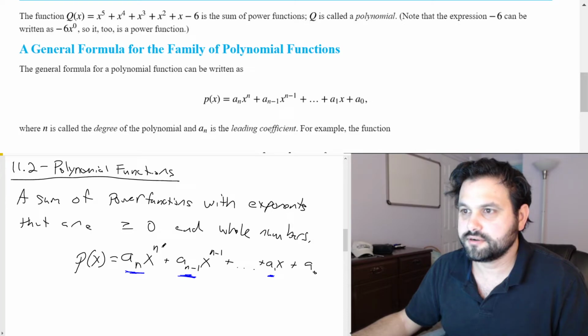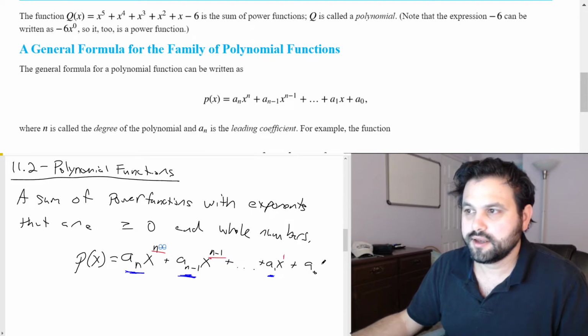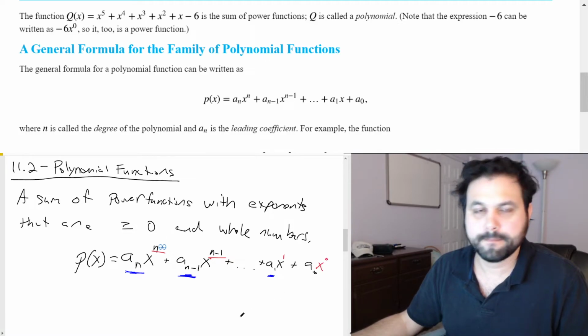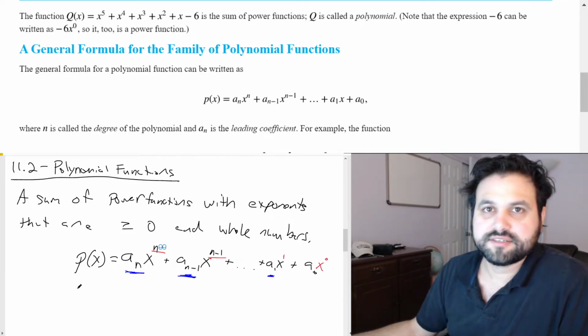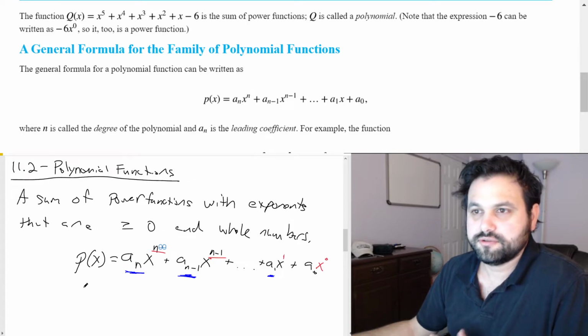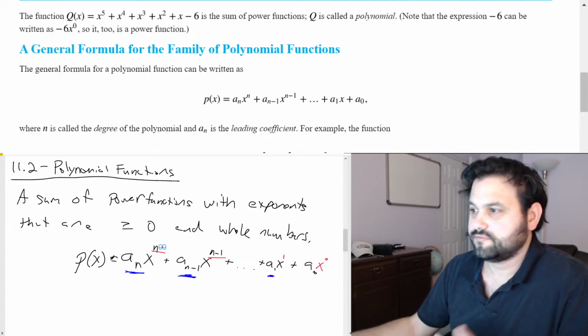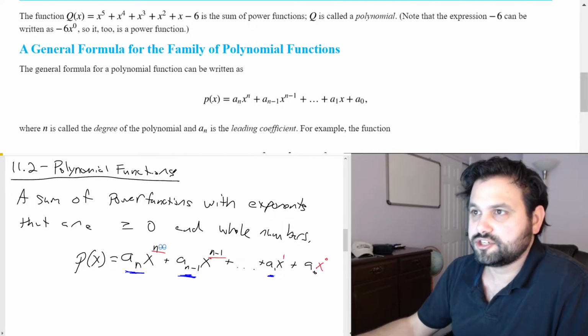So these are the exponents. What's the exponent over here? The exponent's 1. Okay? And what I was talking about here is this is just a coefficient with x to the 0. Okay? So that's the general official form of a polynomial function.